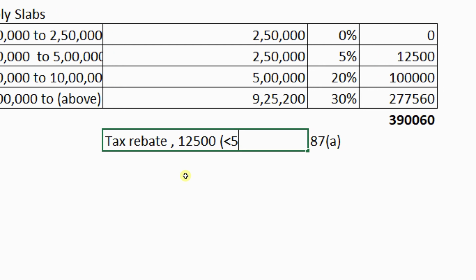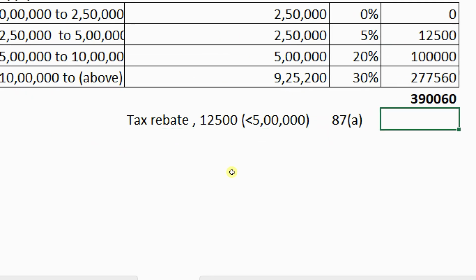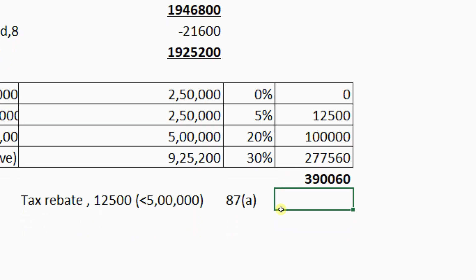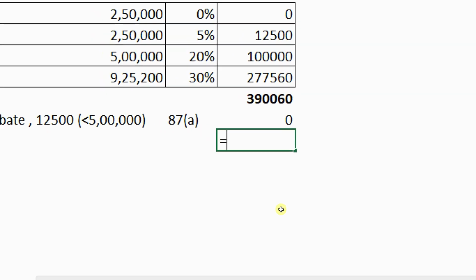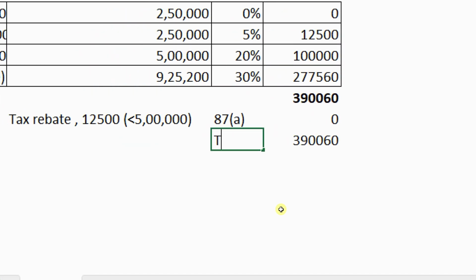To whom is it applicable? If any person's income is less than 5 lakhs, he will be eligible to get the discount. But is this person eligible now? Income more than 5 lakhs. So discount is 0. So tax payable. This is what?